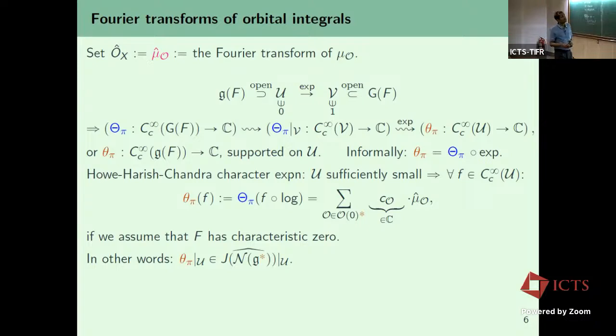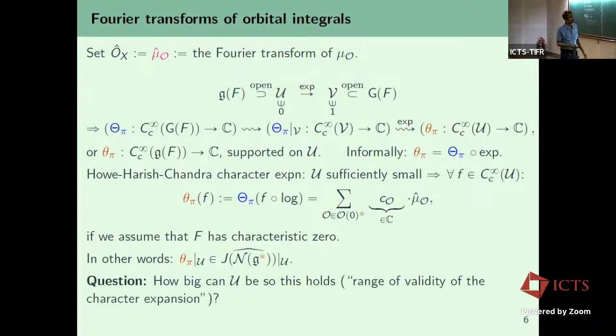Here is a question of interest: how big can U be so that this character expansion holds? That is something on which Prasad theory shed a light, and I'll come to that. One might wonder, is this an idle question? What does this buy you if you can prove such a thing?